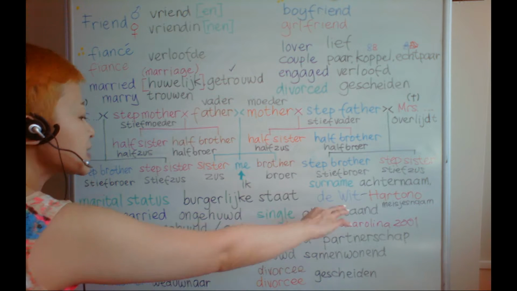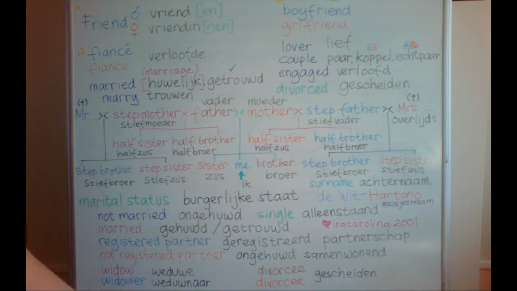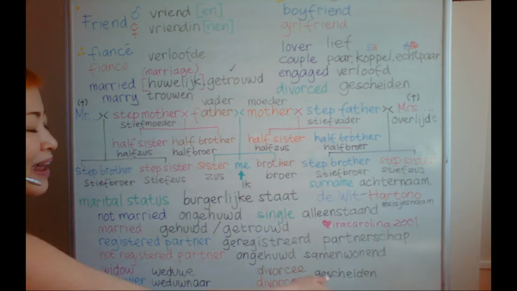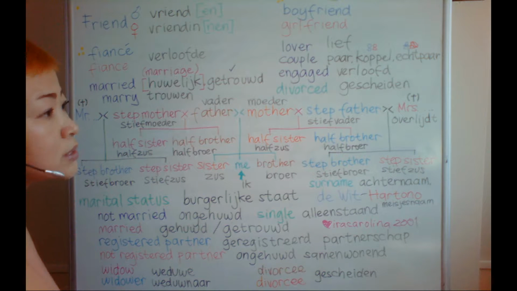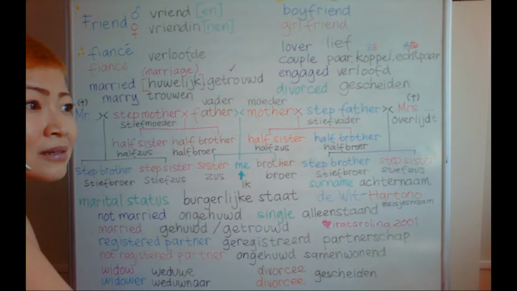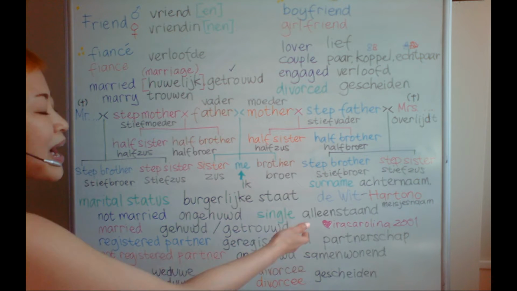Alleen staan can also be for the divorcee, because they're alone, and can also be for widow and widower, but we are more into weduwe and weduwnaar. So if you say divorcee, sometimes you say alleen staan because they are alone, I mean, not with a partner or something like that.